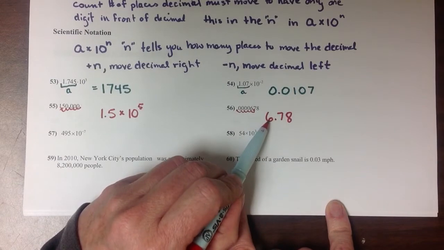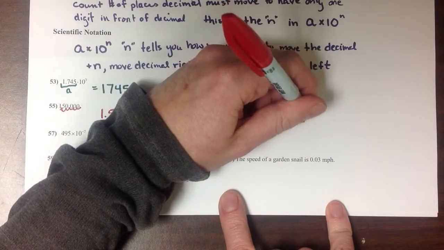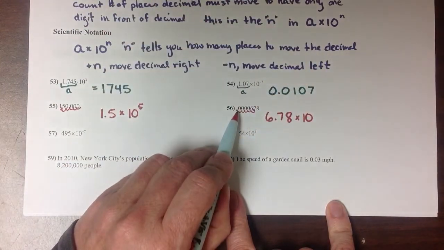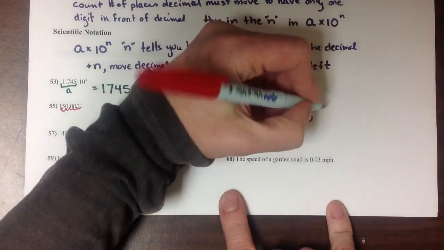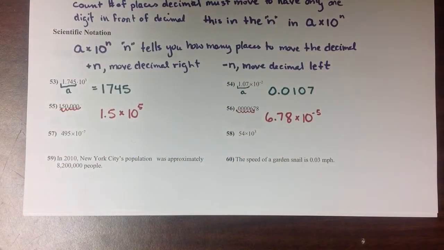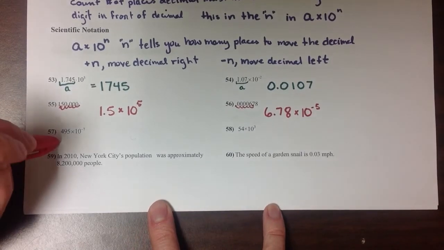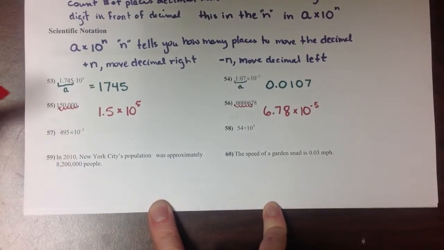So it becomes 6.7 times 10. Since this number was a very small number, my n is going to be a negative number. So it's negative 5. Now let's look at 2 more examples, or 4 if we've got time in this video.